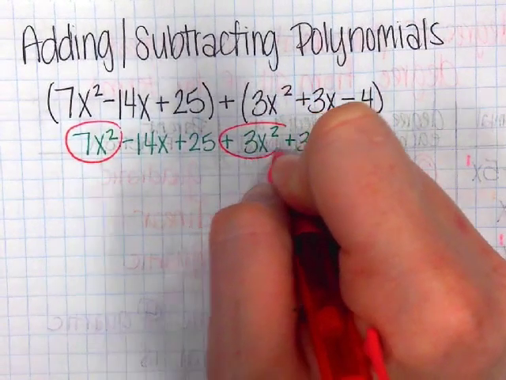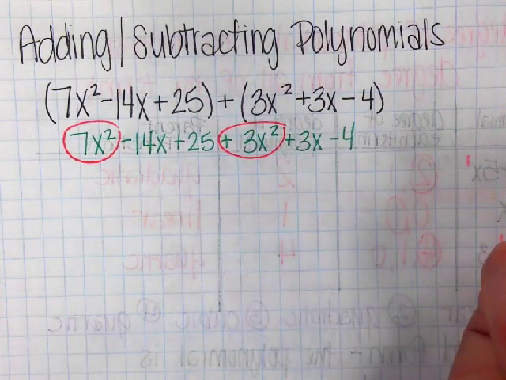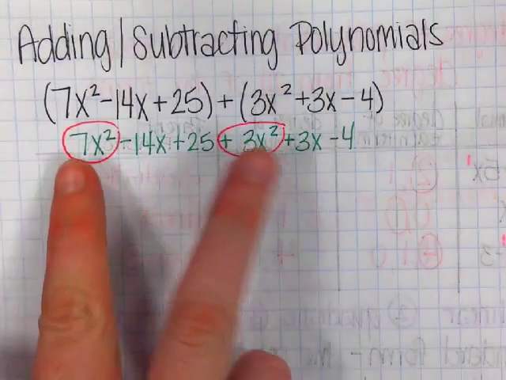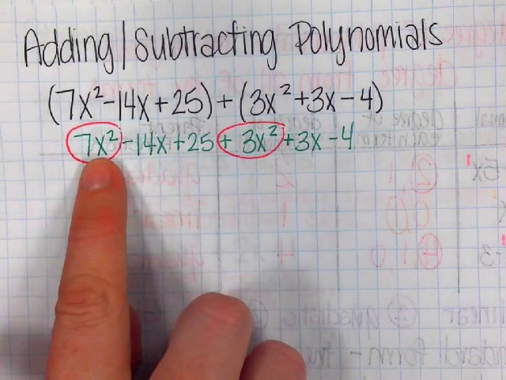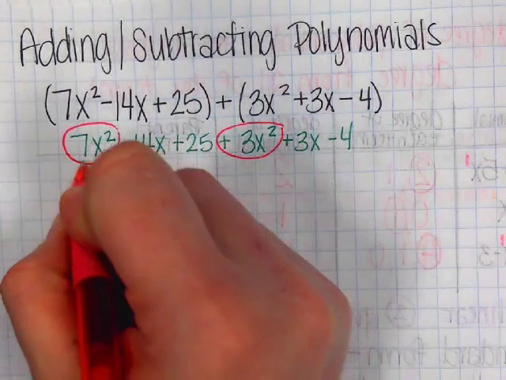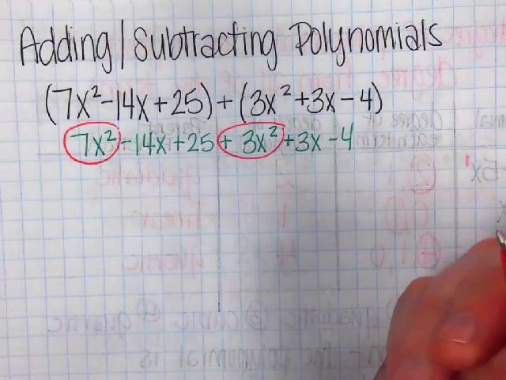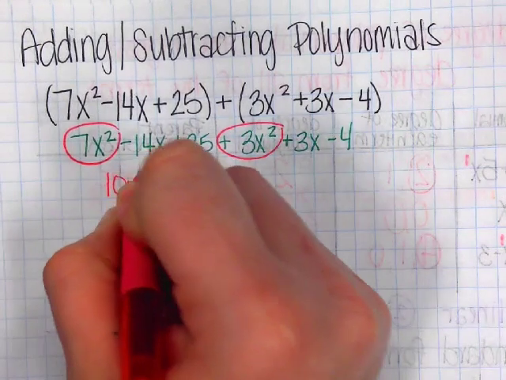We need to combine x squareds with x squareds, x's with x's, and numbers with numbers. Remember, you have to combine like terms, so I can only combine an x squared with an x squared. So 7x squared plus 3x squared, 7 plus 3 is 10. So 10x squared.